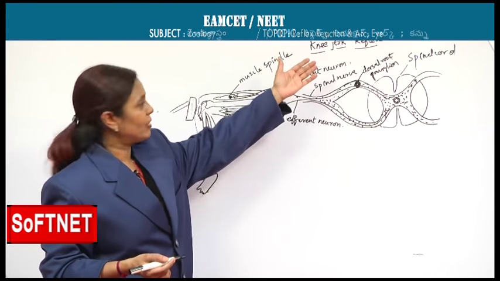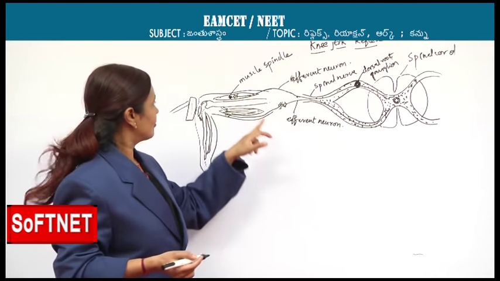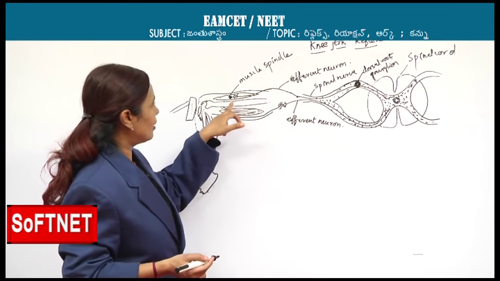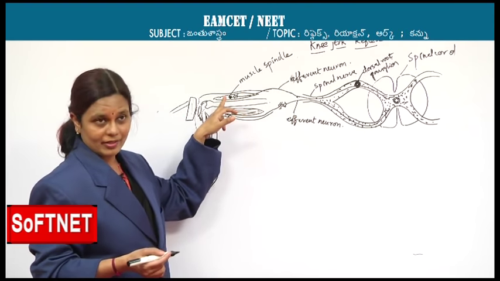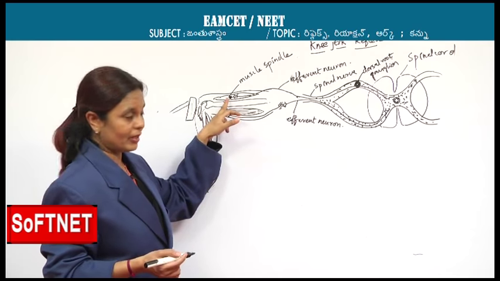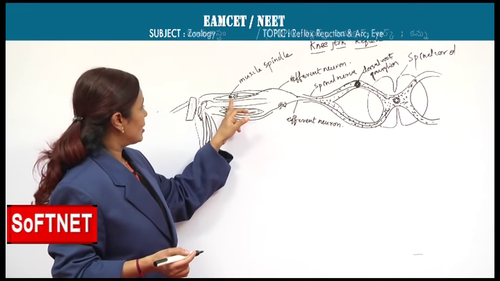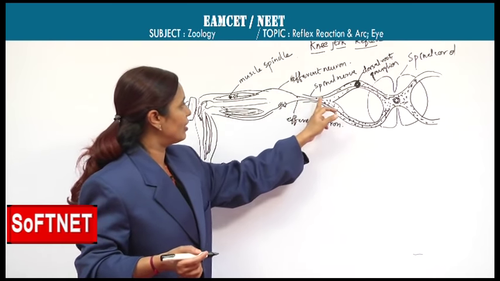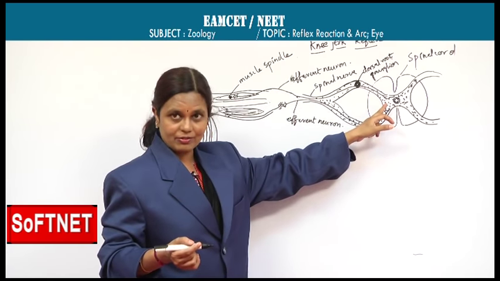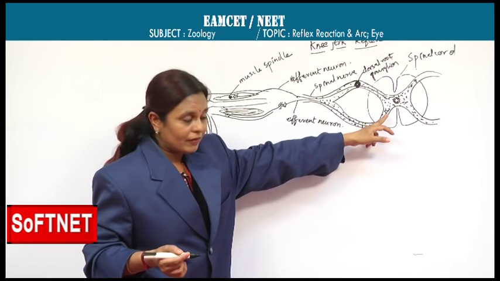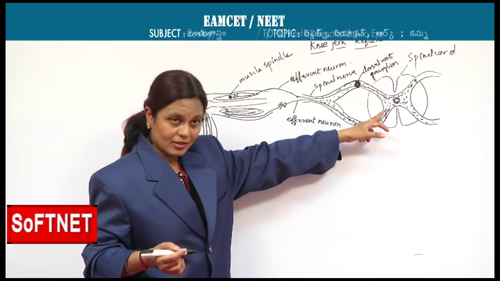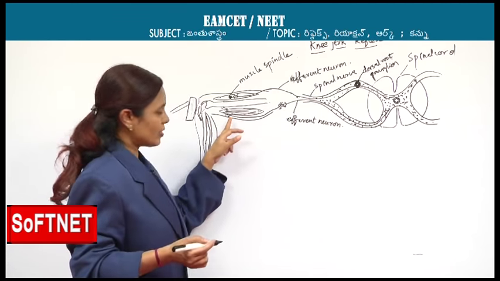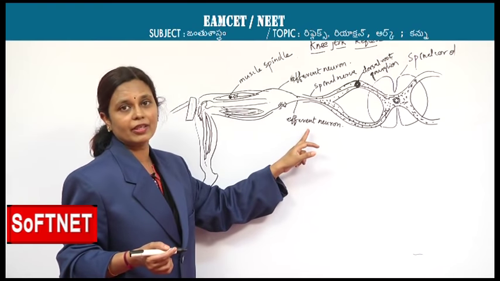Taking the knee jerk reflex as an example, here the muscle spindle acts as a receptor. This is an internal receptor, and beginning from this muscle spindle we have one afferent neuron going to the central nervous system, and then from the central nervous system, that is from the spinal cord, coming back to the skeletal muscle, we have an efferent neuron.